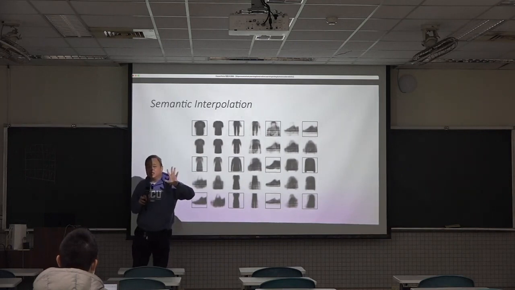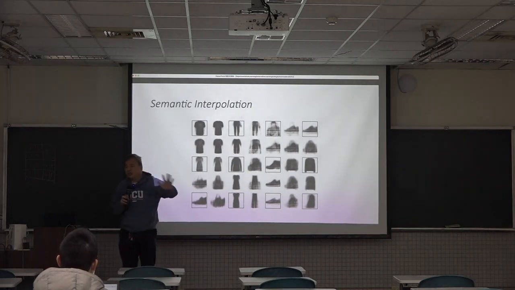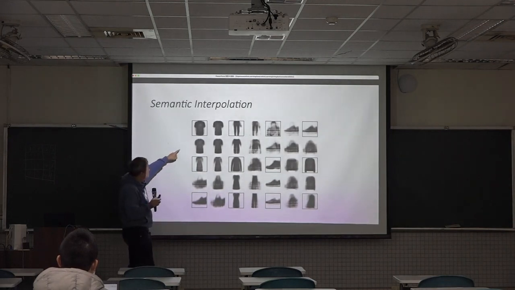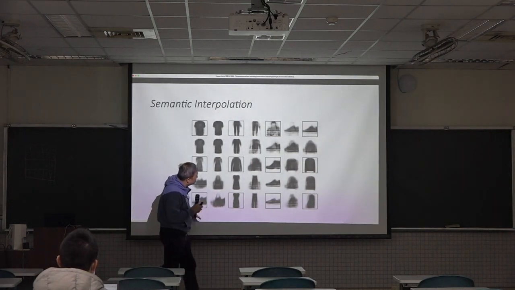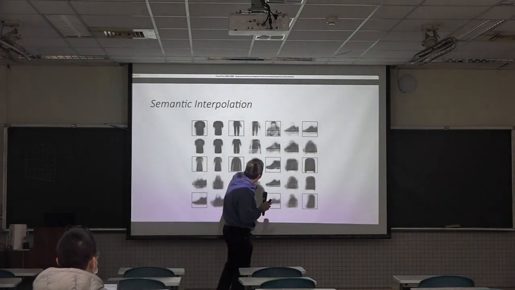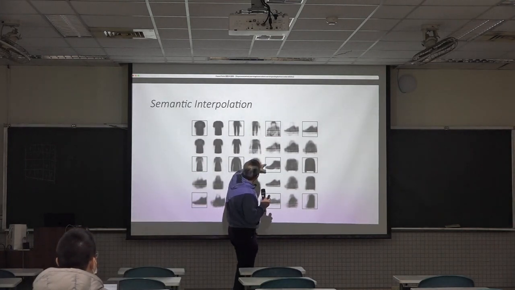This is not a real pixel by pixel interpolation. So this is a very interesting thing to create. For example, these two are shoes. This is a purse actually, but this one is also shoes.